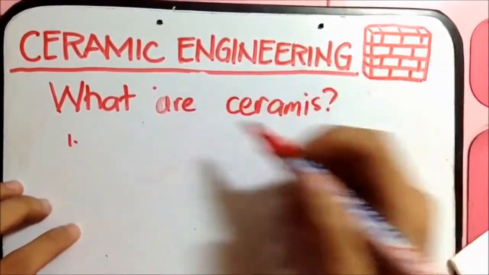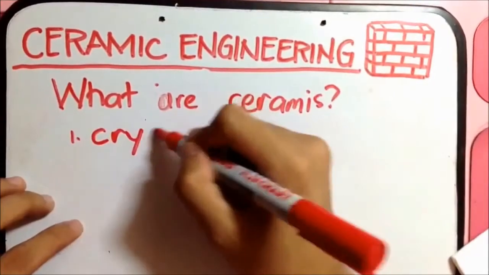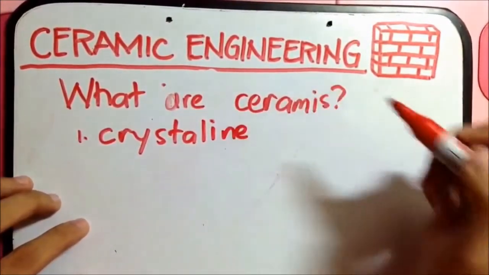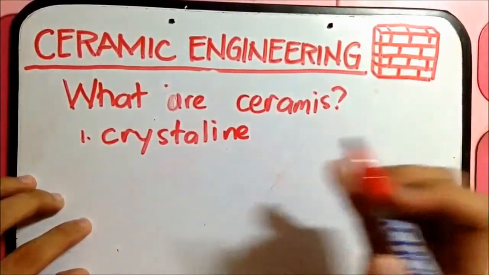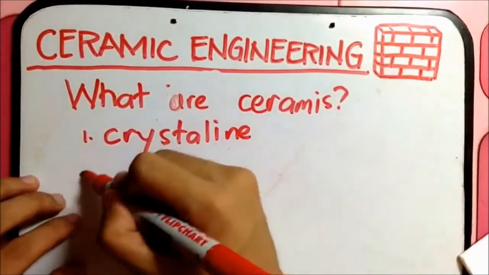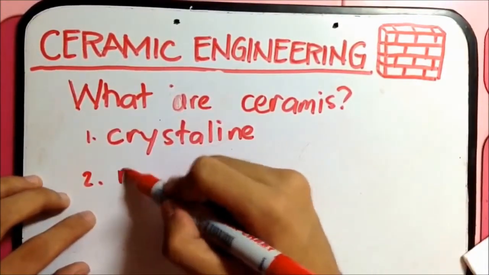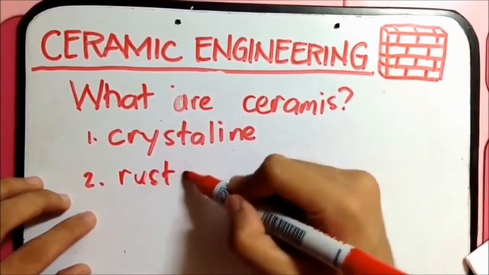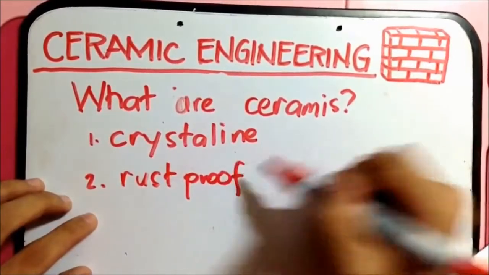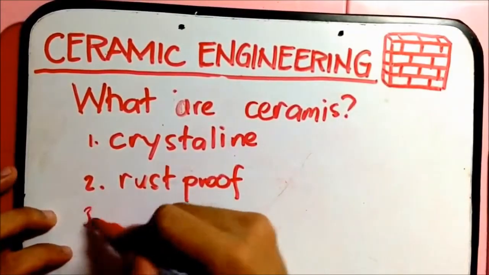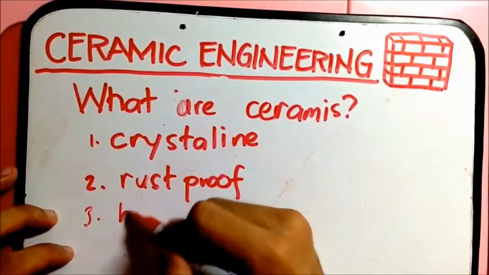First, it has a crystalline or partly crystalline structure. Second, it is corrosion resistant, meaning it is rust proof. And also hard. It is hard but brittle.